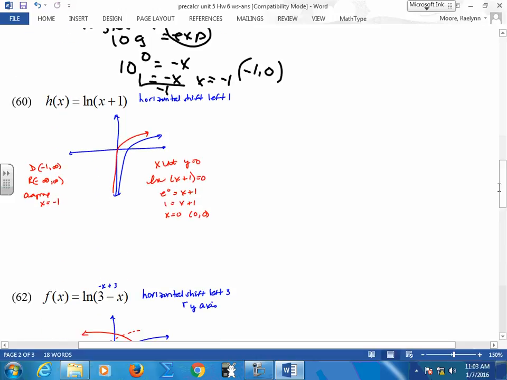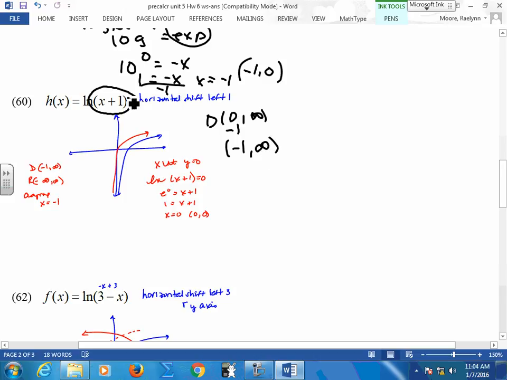This guy, whether it's ln or log, they work the same. ln is very close to a base 3. You have a horizontal shift the opposite way. Minus 1, go to the left 1. So now, because you took a horizontal shift, your domain says push it back 1. There's your new domain.